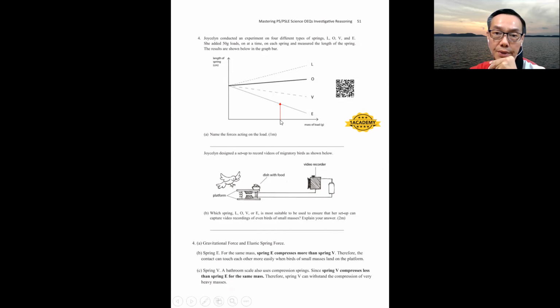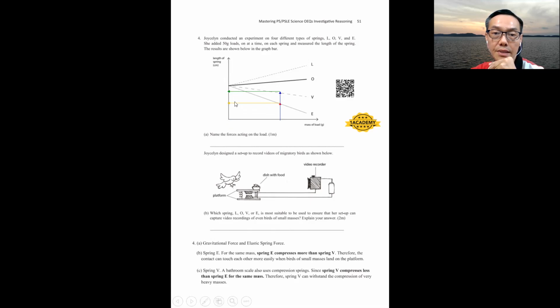for example, here I use this arrow to indicate this mass being placed on spring E. You can see that if I use the same mass compared to spring V, spring E compresses more than spring V. Look at the animation now. I'm going to put another arrow up. This is the length of spring created by the mass here for spring V, indicated by the green arrow.